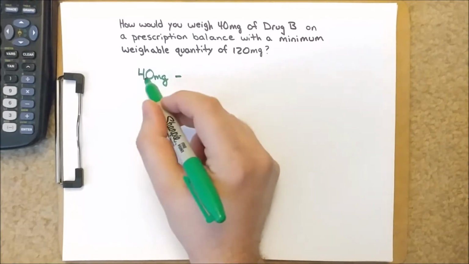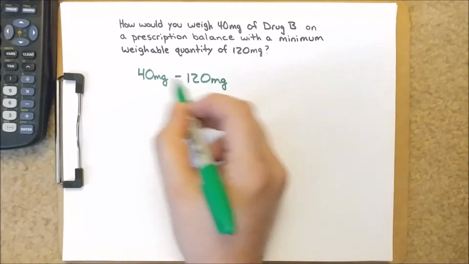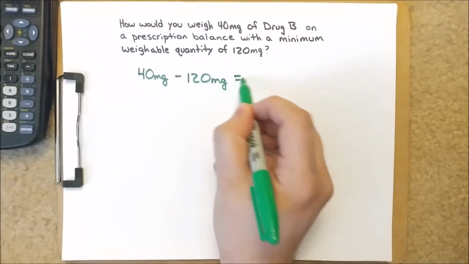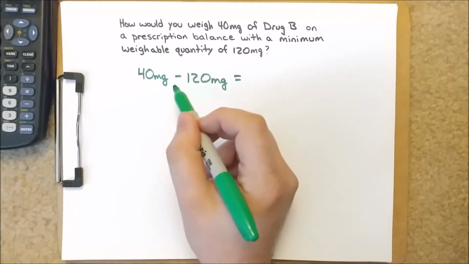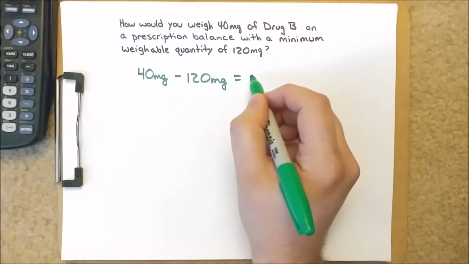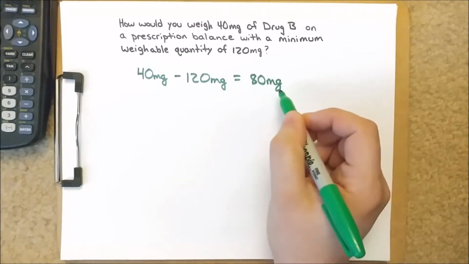So 40 milligrams minus 120 milligrams. You're going to say that this will lead to a negative number, but I'm just taking the absolute value of this so I can get a real number for my diluent. And that would be 80 milligrams of diluent.